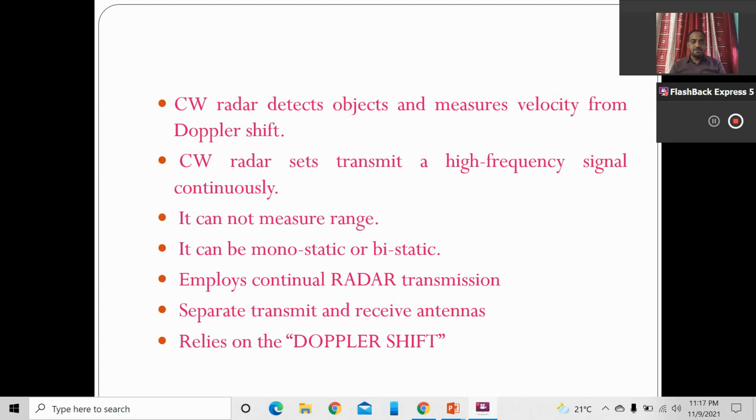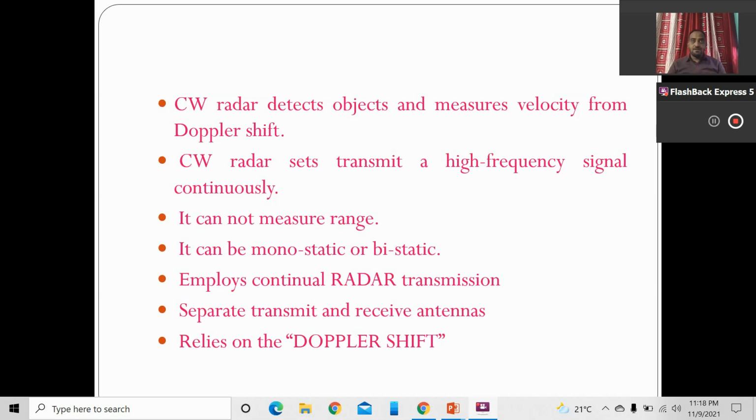Or else, if the radar is an airborne radar, which we are operating from a flight, and we are trying to measure the distance from the ground station or from a mountain, this is also the case of monostatic. Either the transmitter or the target should be in a moving condition, then it is called monostatic. If both are stationary, then it is called bistatic.